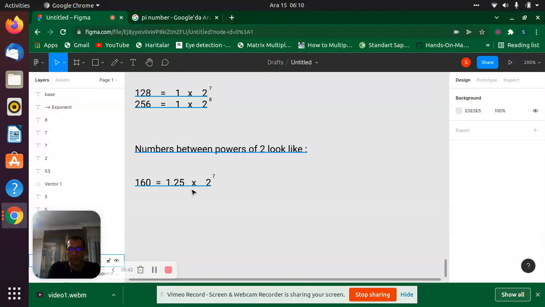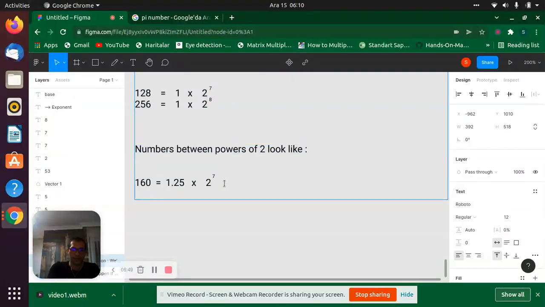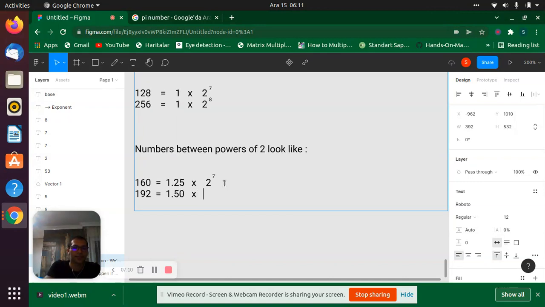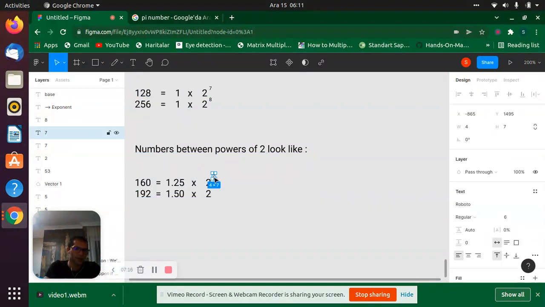Anyway, now what I want to do here, I will show you the map, the path of this way. The 160, this one is that, and 192 equals, let's think about that, but don't think for now, and say 150 times 2 power of 10, I think. No, not 2 power of 10, it's 8, I think. What do you think? This is 8, right?